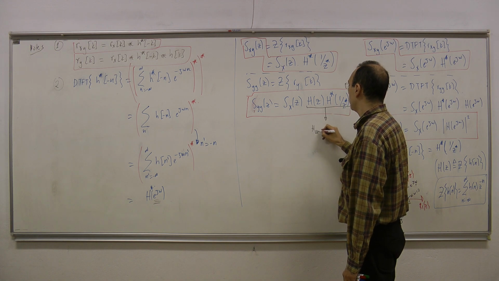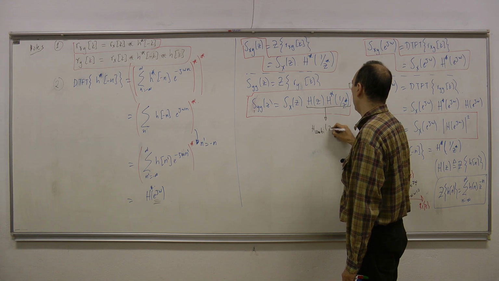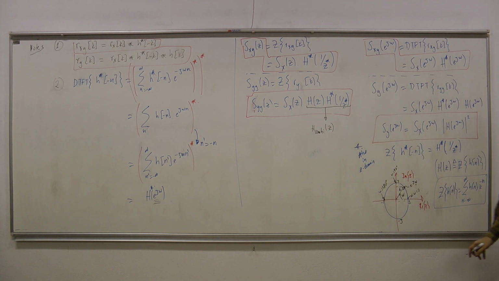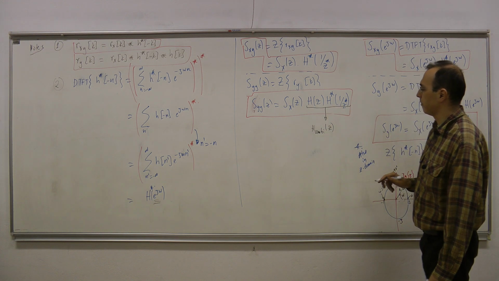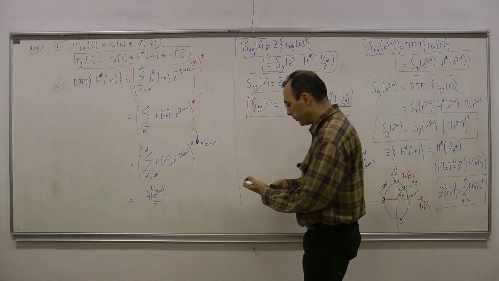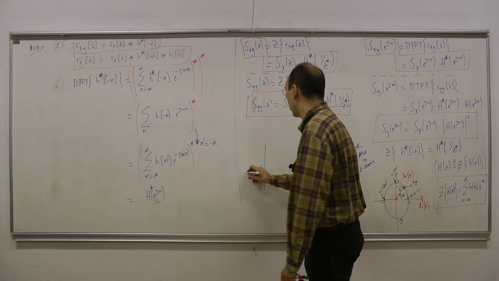Let's say this is the combination of two terms: H of z times this. Now, this is something that you have seen in an earlier course.